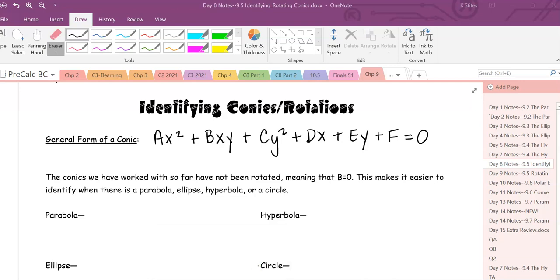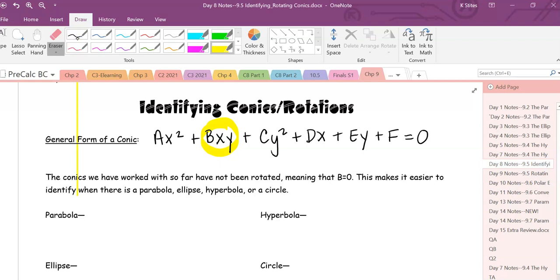All right, so the conics we have worked with so far have not been rotated, and what that means is that this bxy term is gone, and that b is equal to 0. So when that is the case, it's actually pretty easy to identify when there is a parabola, ellipse, hyperbola, or a circle.